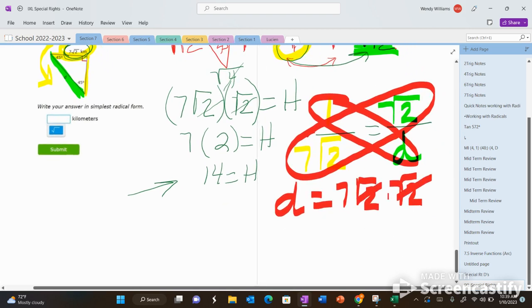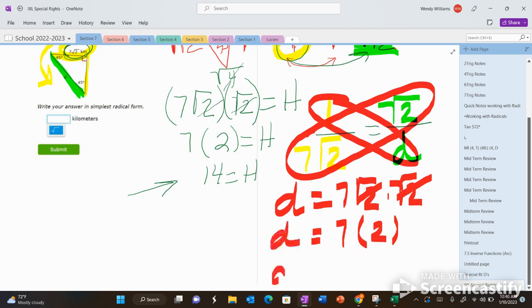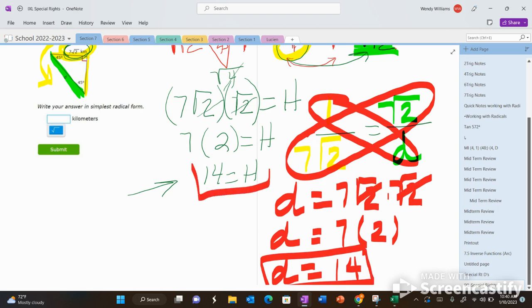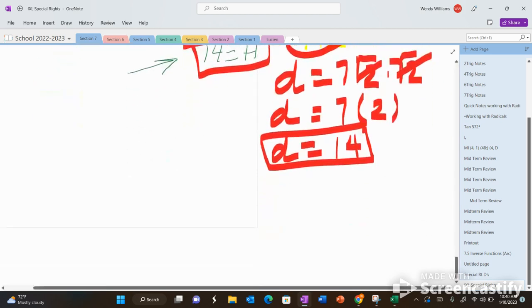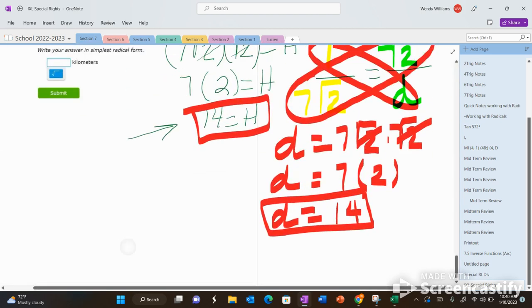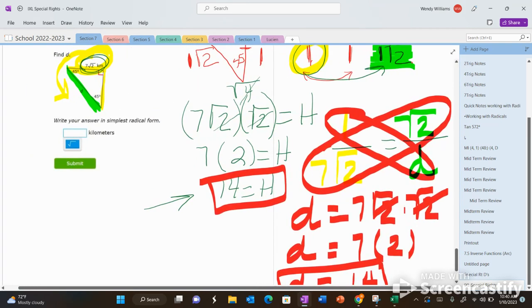Square root of 2 times the square root of 2 is nothing but 2. D equals 7 times 2, which is 14. Okay, these are not hard.